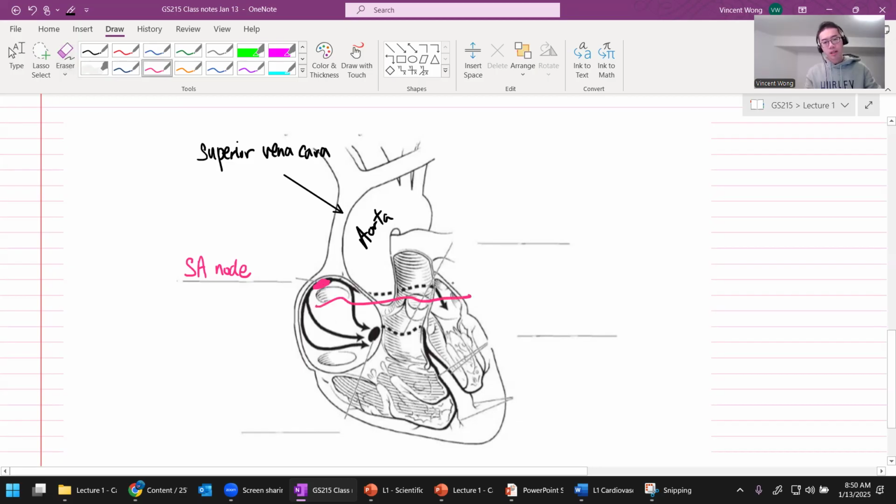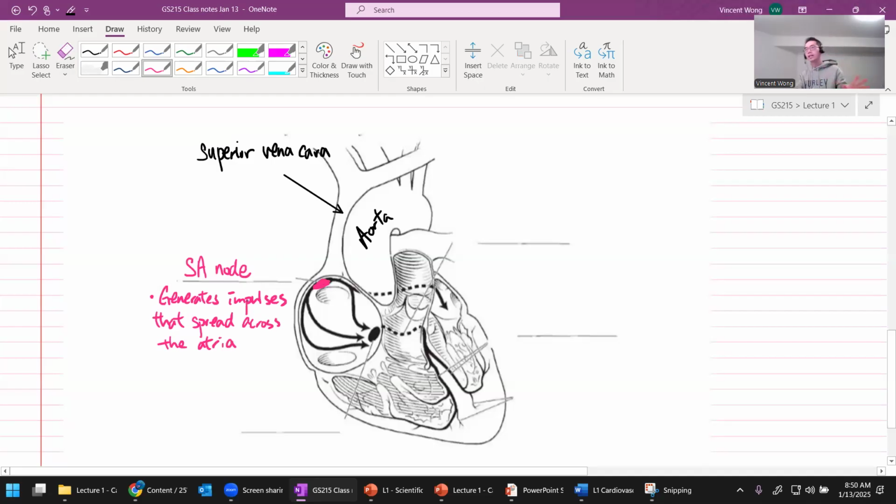Some will spread across, and then the other will spread down. So this generates impulses, which means electrical signals, that spread across the atria.